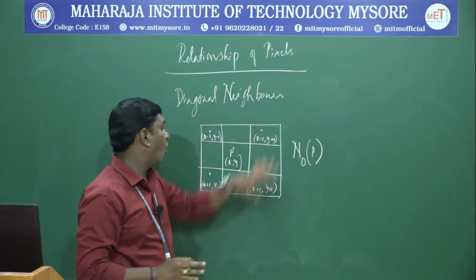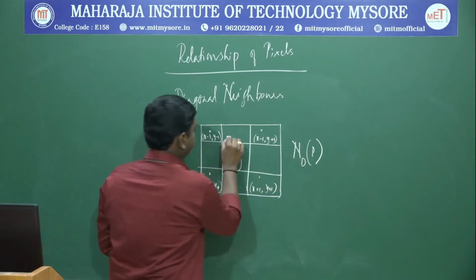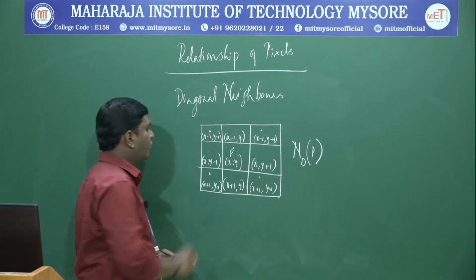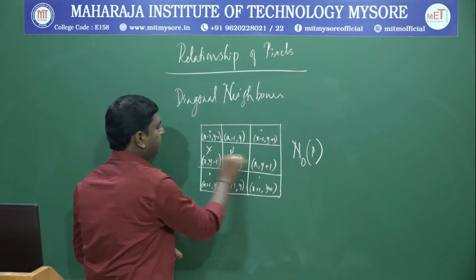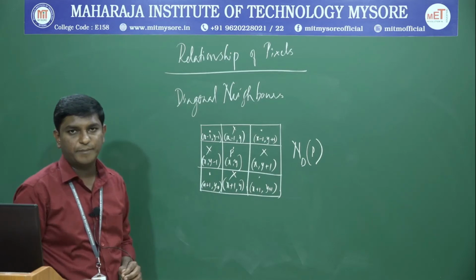Now if I put all the pixels together, how does it look? Observe. I have written up all the neighbor pixels of P here.